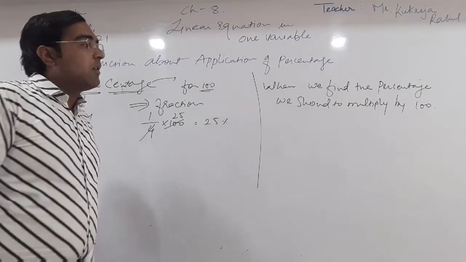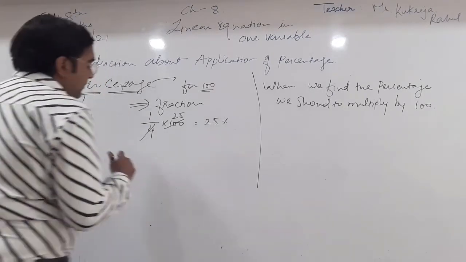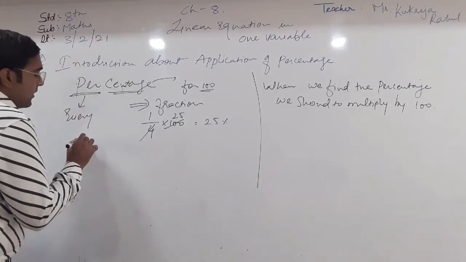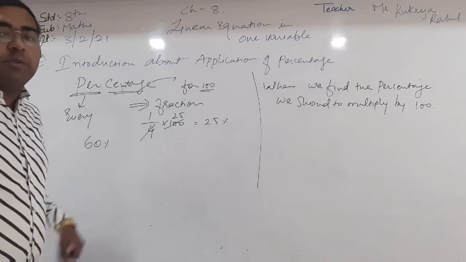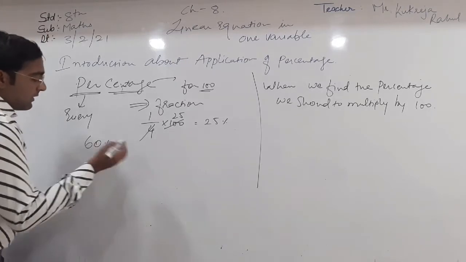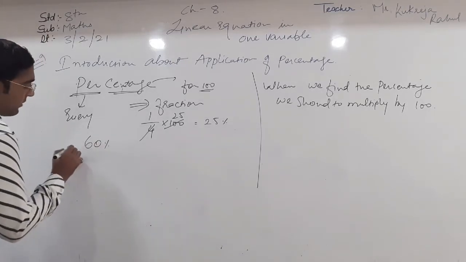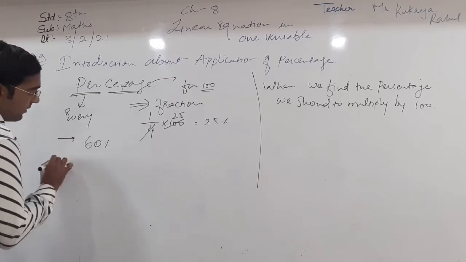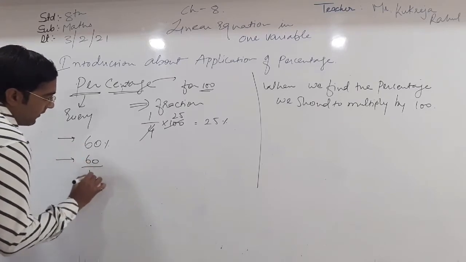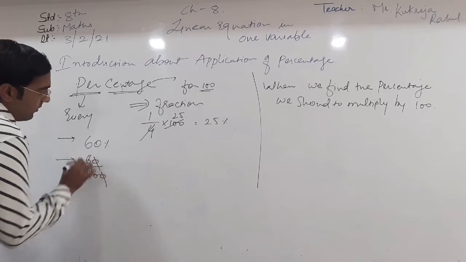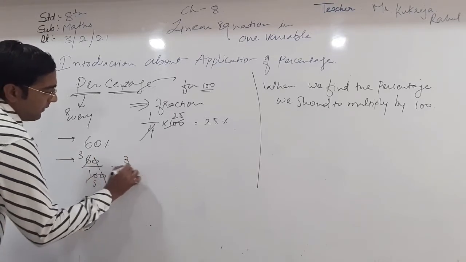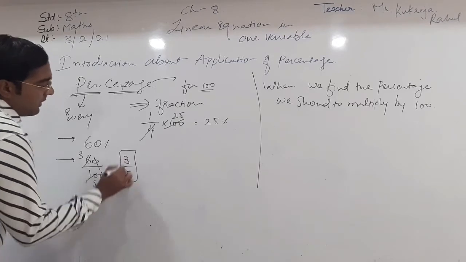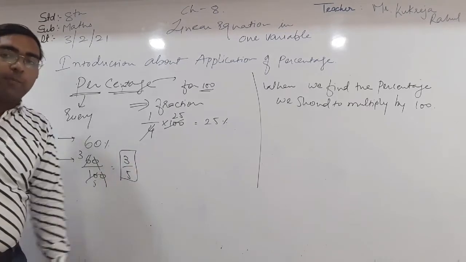Clear? Now if percentage is given, like 60%, it means 60 marks, or in fraction it will be formed like 60 by 100, zeros cancel out, 2 threes are 6 and 2 fives are 10, it will be 3/5.